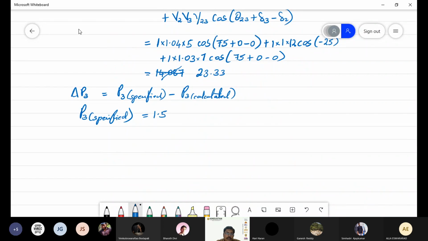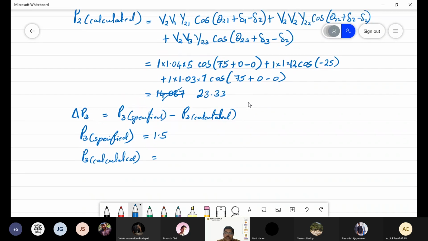And similarly, you need to calculate P3 calculated by using the above formula. So now i is equal to 3. That is the only difference, right?